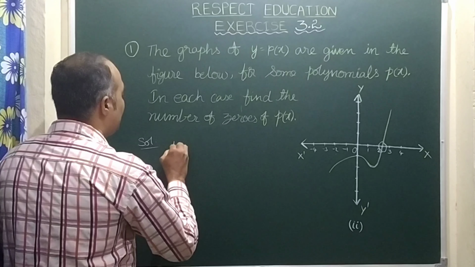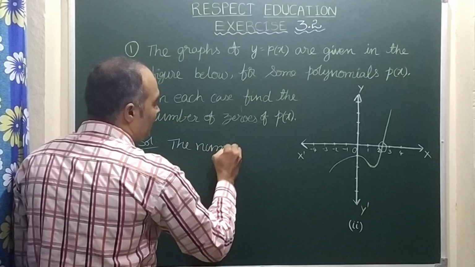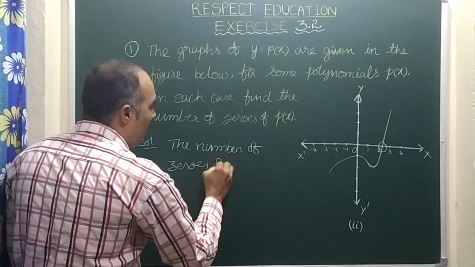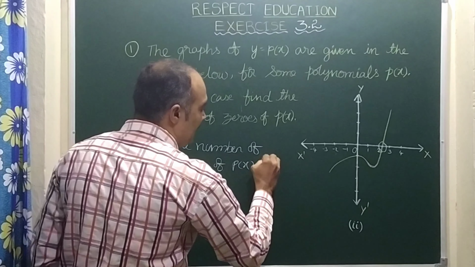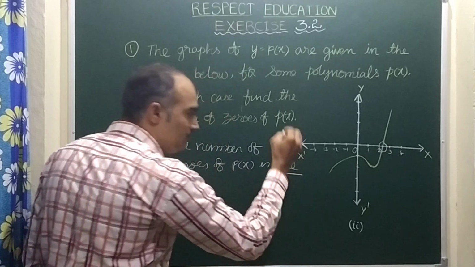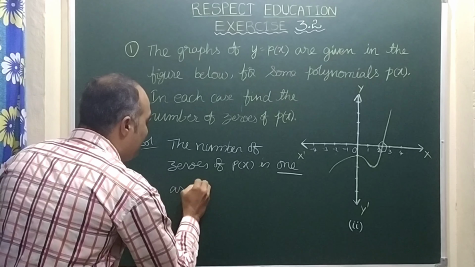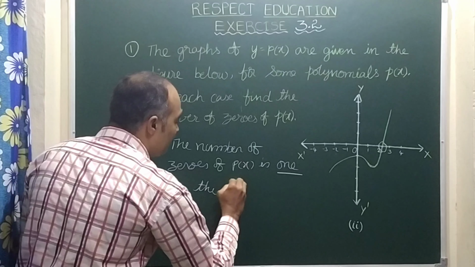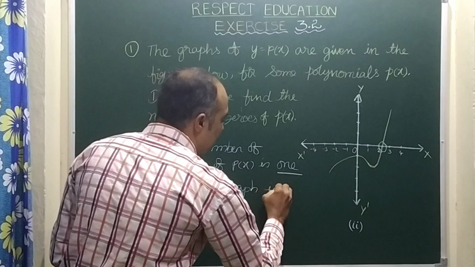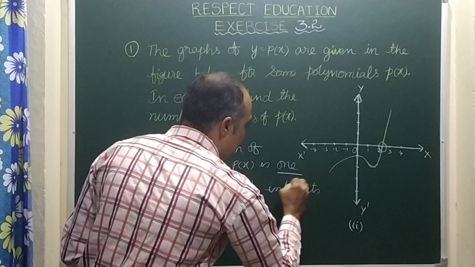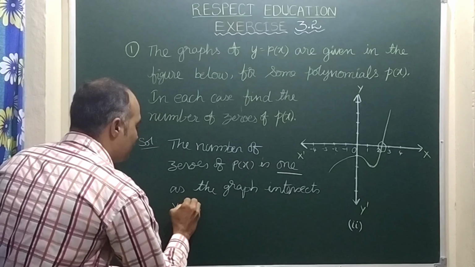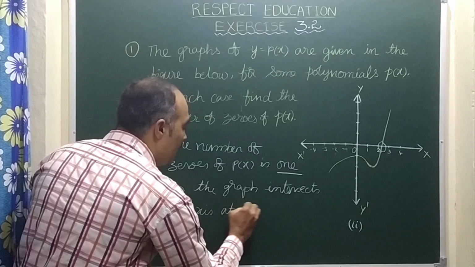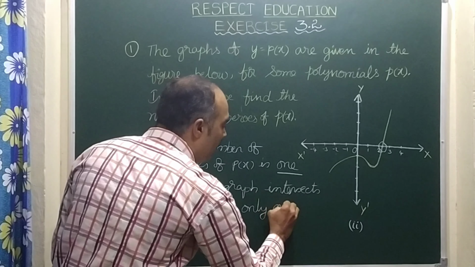Let us write that. The number of zeros of p of x is 1, as the graph intersects the x-axis at only one point.